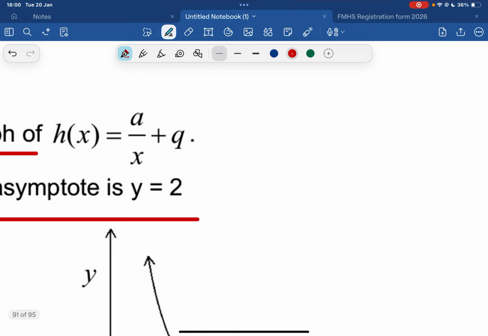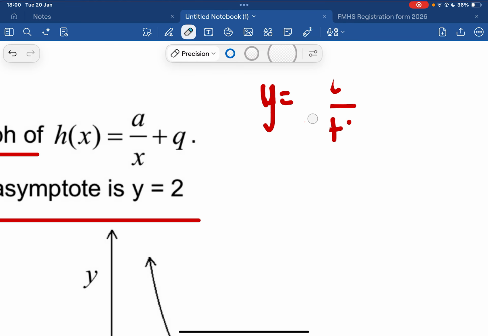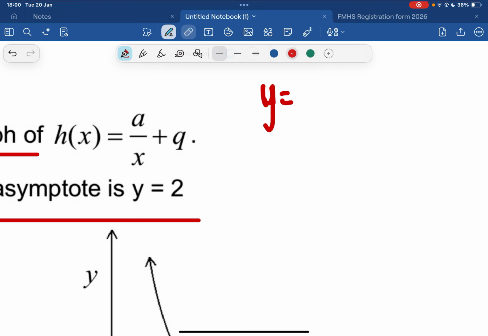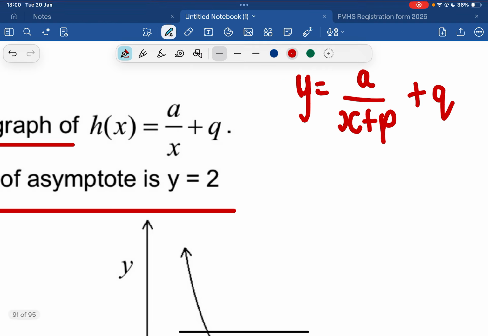So in this case, boys and girls, remember I said we have our standard form. Our standard form is y is equal to a over x plus p, plus q. Excuse me, just give me 1 second, boys and girls, I'm having a bit of difficulty with my pen. Now, given that we've been given this equation without a p, that should tell you that the value of p is equal to 0.